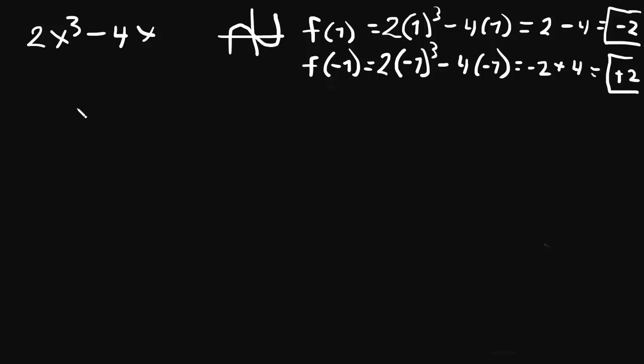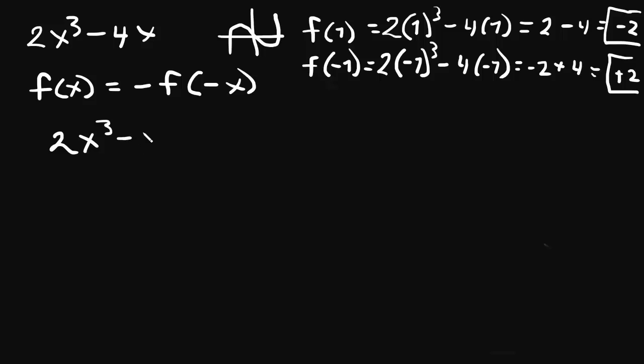But let's try and make this a real proof. The formula for an odd function is f of x is equal to the negative of f of negative x. That means if we have our function as it is, 2x cubed minus 4x, this f, we should get the negative equivalent of that.